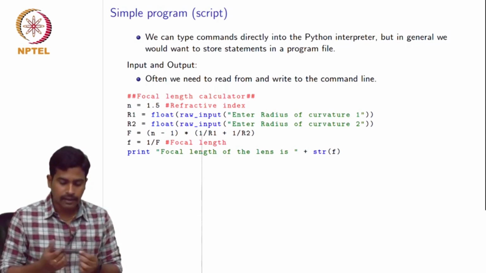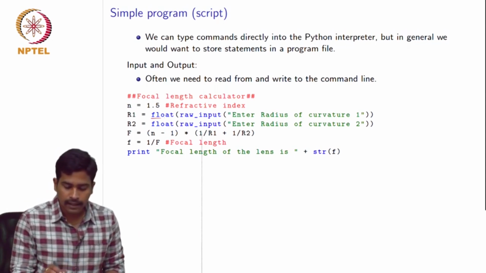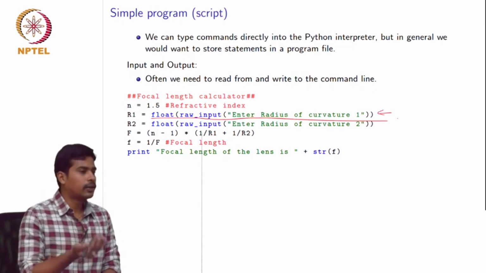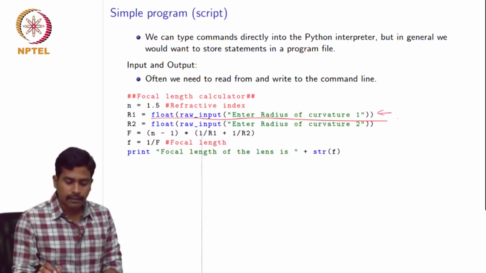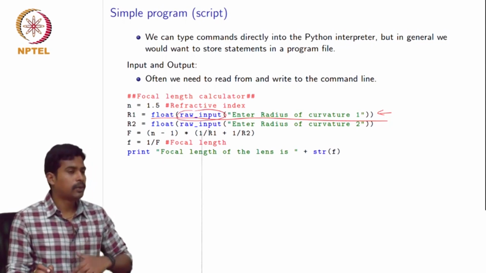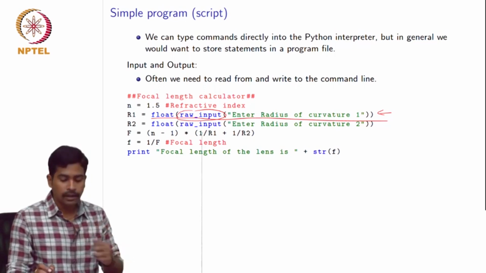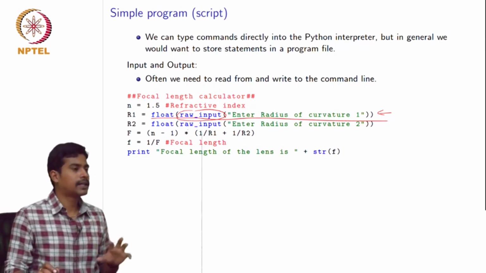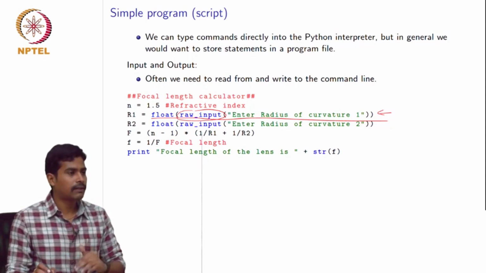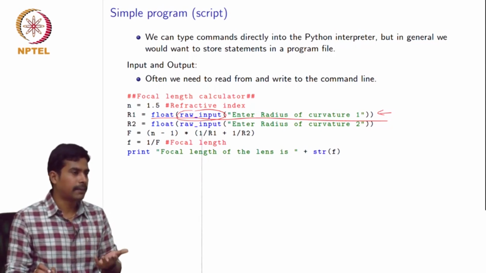In Python, there is a command that we use to enter values into the program. The main command is raw_input. raw_input takes your data from the console, and whatever value you enter will be by default a string type, okay.